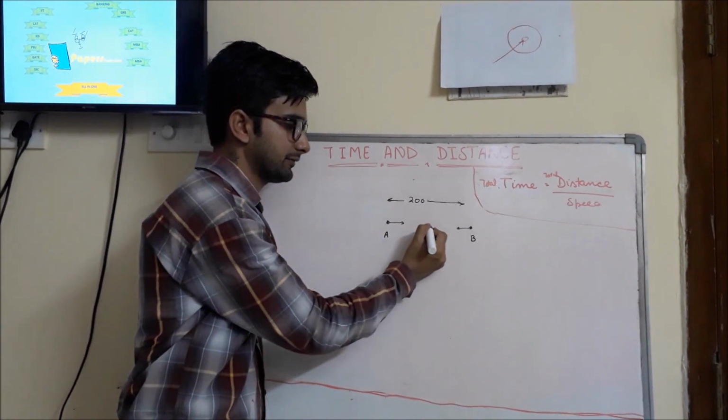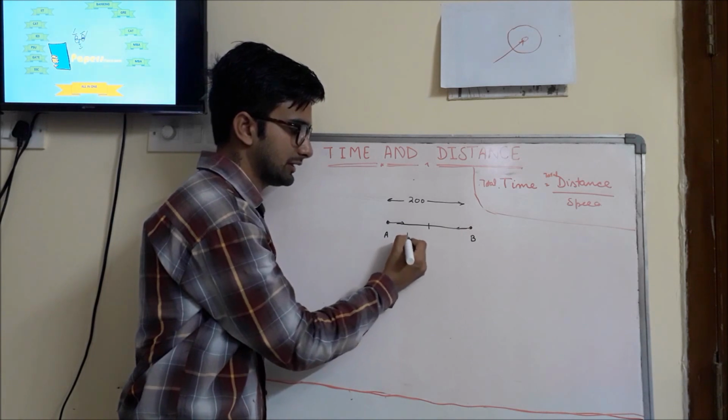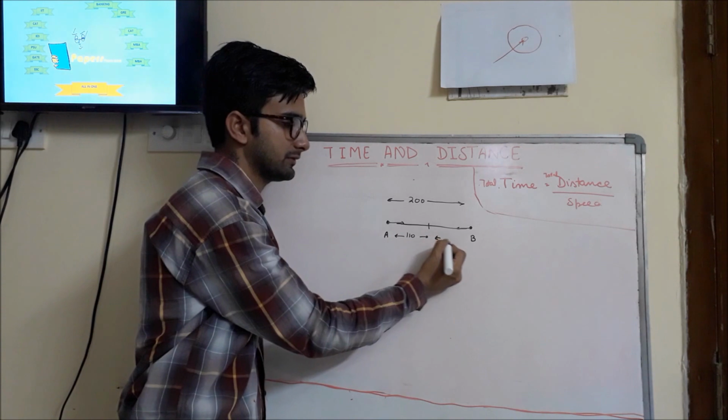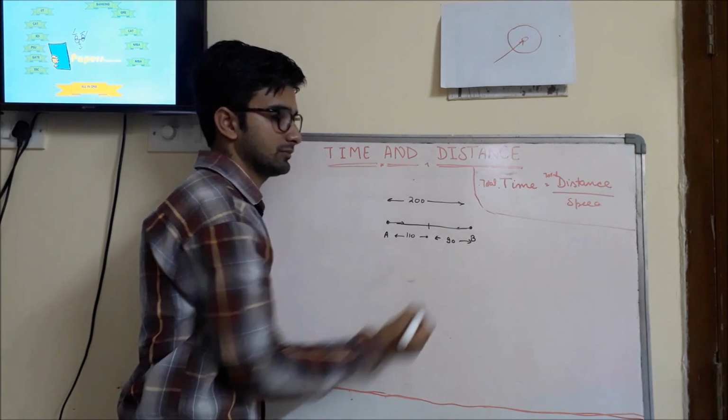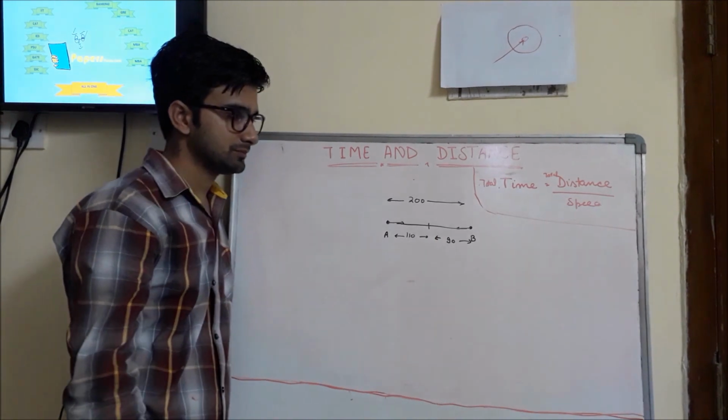And when the trains cross each other, the point is 110 kilometer from this place and 90 kilometer from this place. This is the only thing which solves our problem.